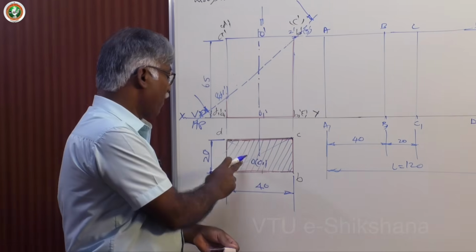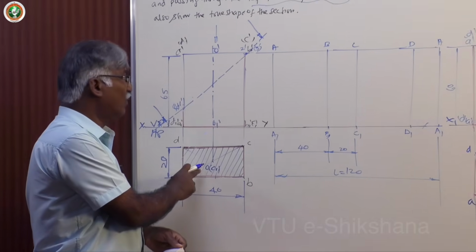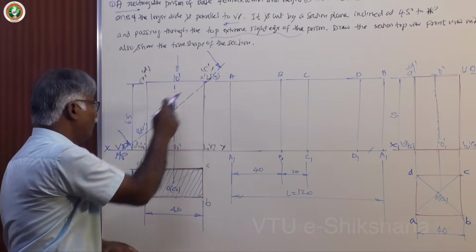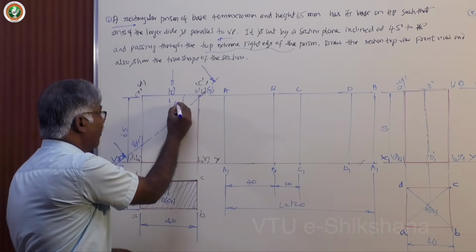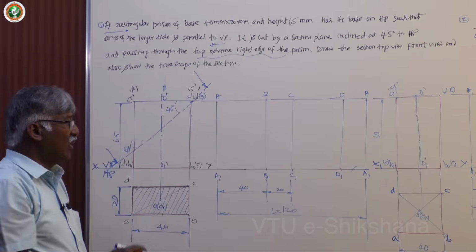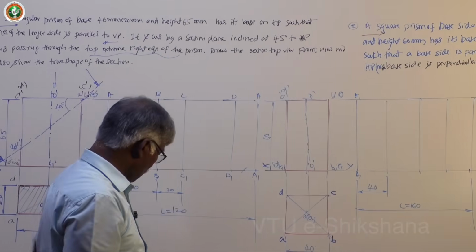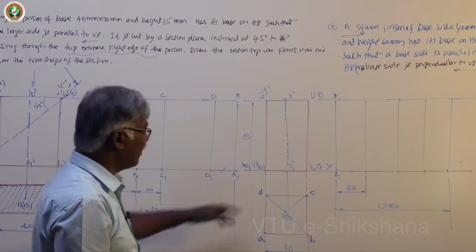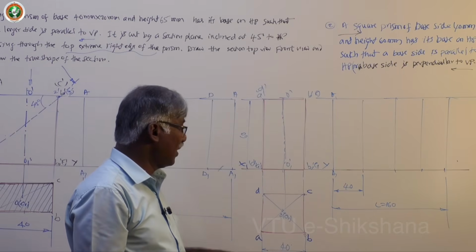Okay, now this is regarding the section of the solid when you take up this particular section plane. Once I come to this square, again as I told you, if you cut parallel to the base, you will get another square, fine, as a section as well as true shape.